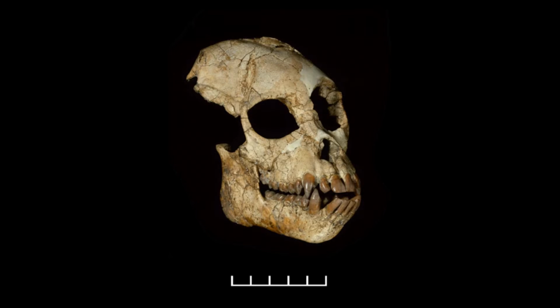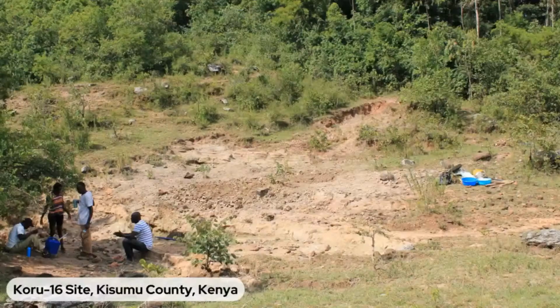So when we understand the adaptive significance of these characteristic apes, if we study them in their context, like Koru 16 being the best context for this particular ape, we have a better understanding of what is happening to this particular clade, or what makes apes apes.